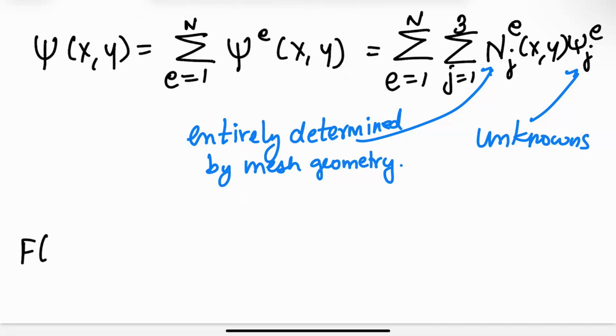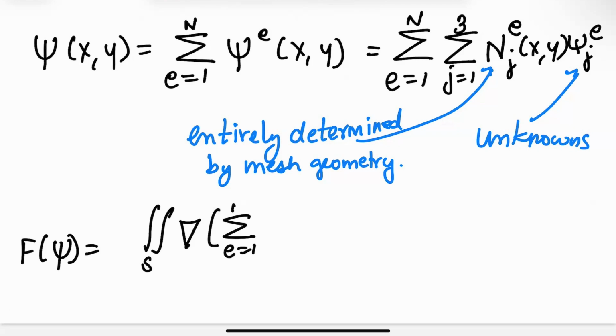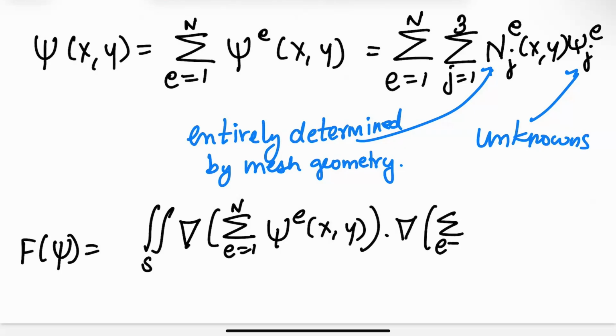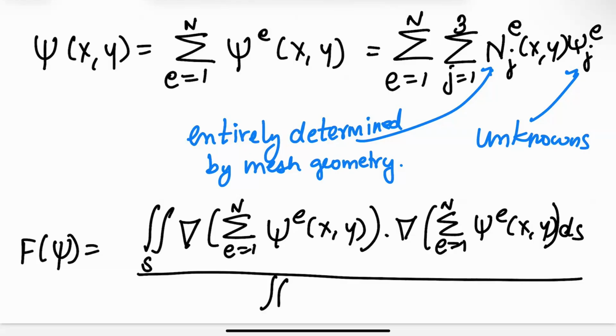So we revisit our equation, f of psi, equal to the surface integral of gradient of the summation over e equal to 1 to n of psi e of x comma y, dot gradient of the summation over e equal to 1 to n of psi e x comma y, ds, all divided by the surface integral of the summation over e equal to 1 to n of psi e x comma y, whole square, ds, right?